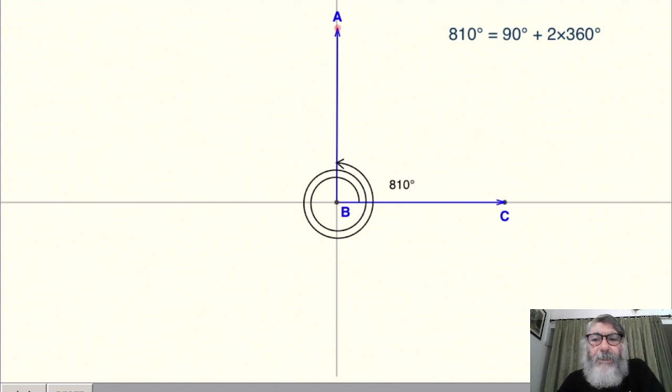This is 3 into 360 plus 90, which is 810. Now let us divide 810 by 90. What do you get? 9. You get 9 into pi by 2, 9 into 90 or 9 into pi by 2. You get 9 pi by 2. 9 when divided by 4 will give you what? 4 twos are 8, 1 remainder.